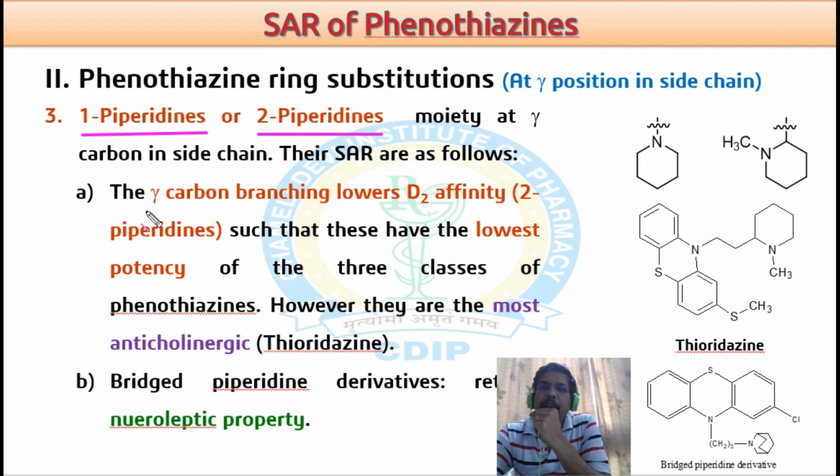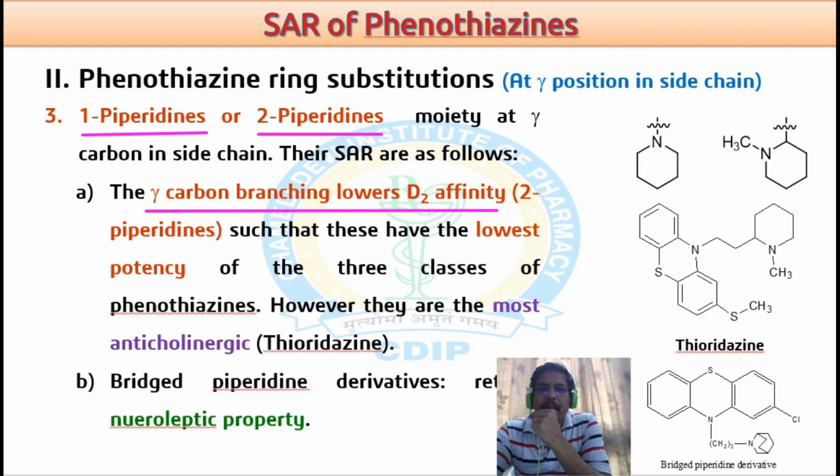lowers D2 affinity, like the 2-piperidine, and they have the lowest potency in all three classes, that is piperazine, dimethylamino or the piperidine.